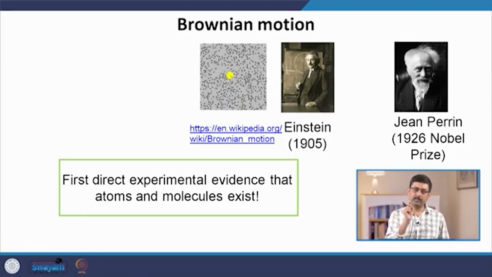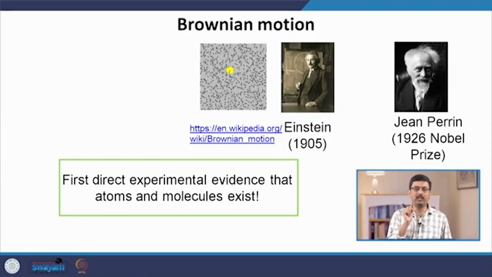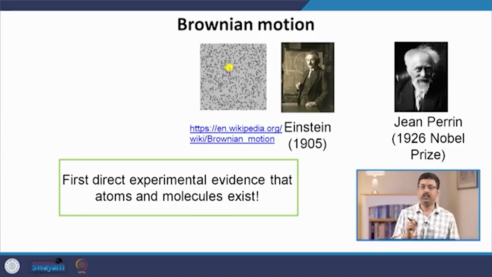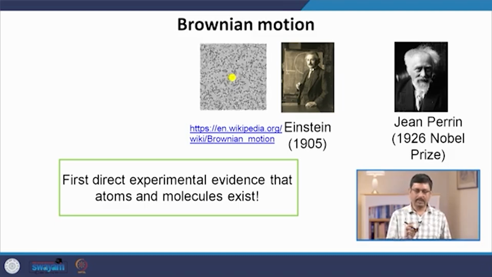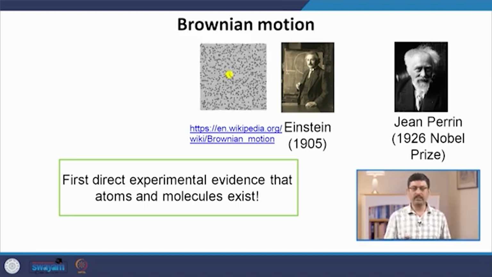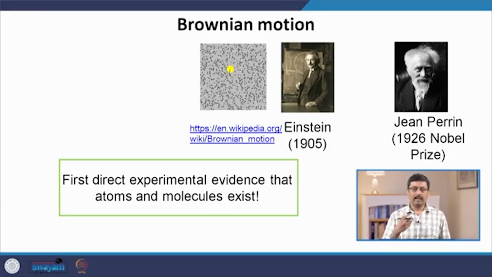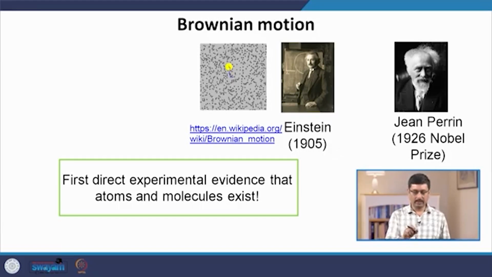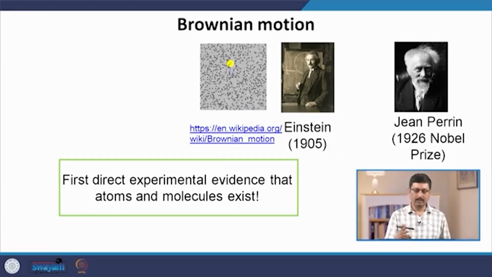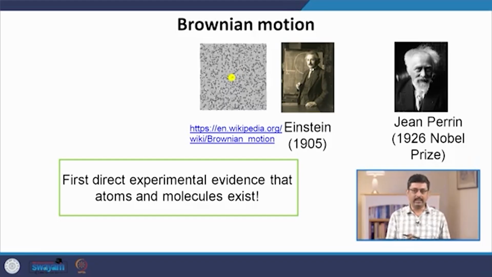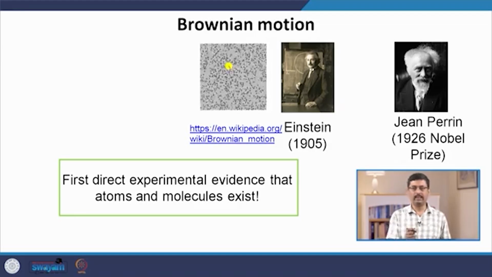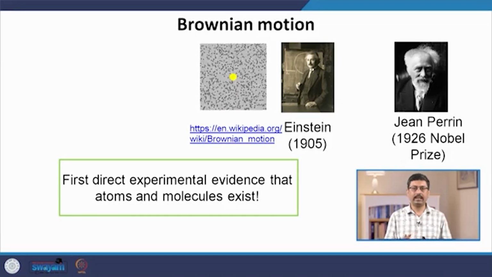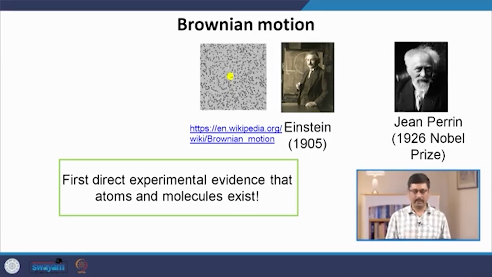These are small particles, so we cannot observe them directly, not even under a microscope. The only thing we observe is the trajectory of the movement of the sphere. Einstein imagined that these fluid molecules are continuously hitting this yellow sphere, and that is why we see it doing this kind of erratic, apparently random movement in the fluid.